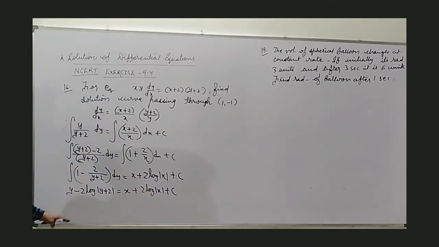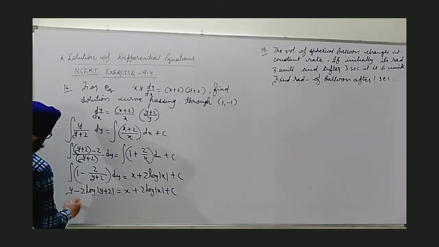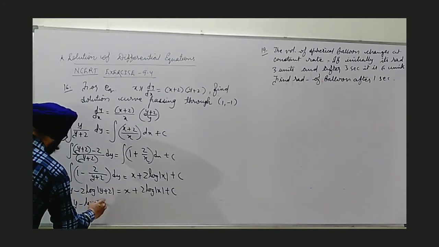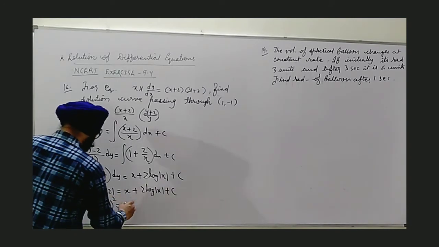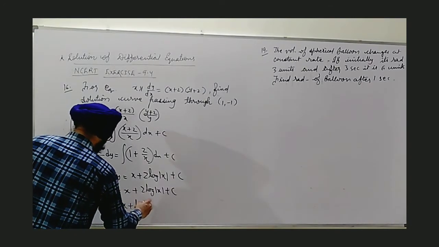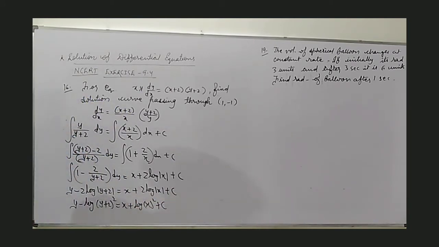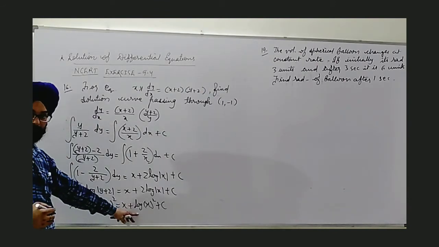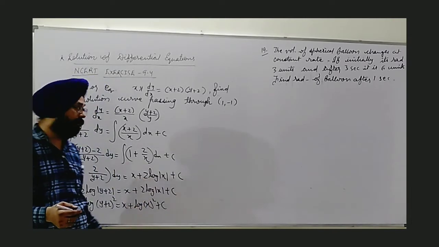We can consider this to be the general solution, but also this 2 is given in these two terms, so these can be converted as log (y plus 2) whole square equal to x plus log x square plus c. Not this much. We can club them. These two terms of log can be clubbed. Not a compulsion I said, but whatever you can simplify in the equation, you must do.